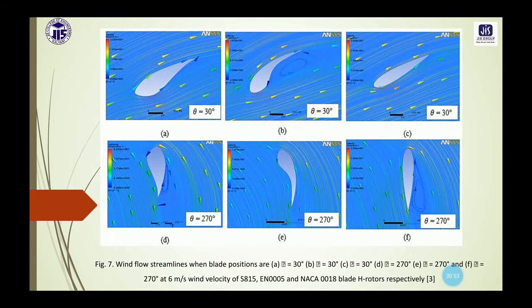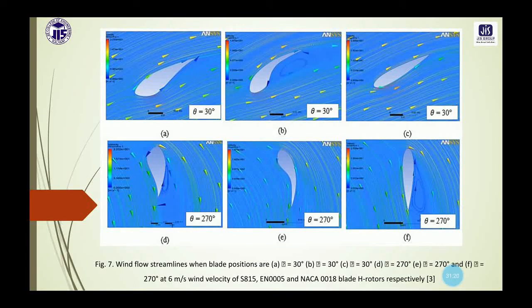Next, this is the wind flow streamlines when blade positions are theta is 30 degree and 270 degree. Some question marks are showing here, these are actually theta, so maybe due to some technical error it is not showing. So this theta you can see in this diagram.